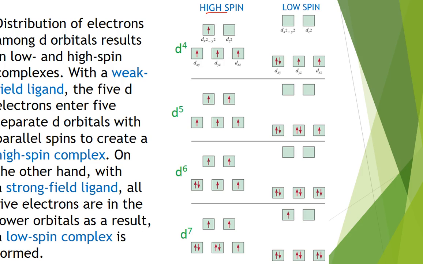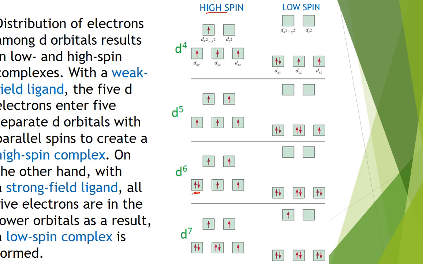You can see d4, d5. In the case of d6, there is no other possibility. It will have to pair up with one of the electrons, and this is d7. Whereas if it is a strong field ligand, then pairing of electrons takes place. The fourth electron, instead of going to the higher energy d orbitals, pairs up.